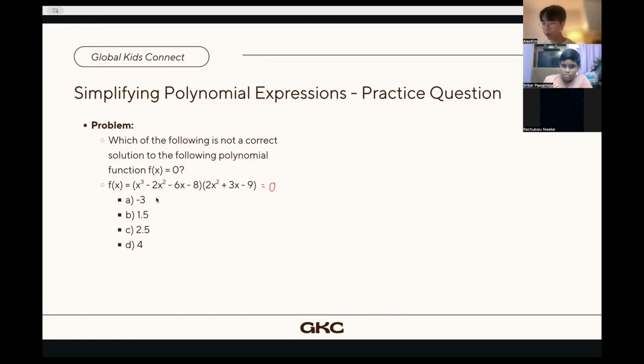One of these four answer choices will be incorrect as a solution to our polynomial. And so first we have to factor out everything. You could also, like I just talked about in our first question, just plug in each answer choice value in place of x and check if that works.